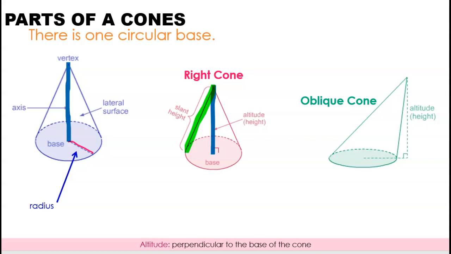And the last one is the oblique cone. And this one's kind of funky because it's leaning. The height has to be perpendicular to the base, so the height is actually outside of your cone.